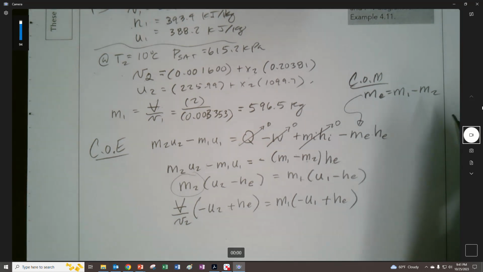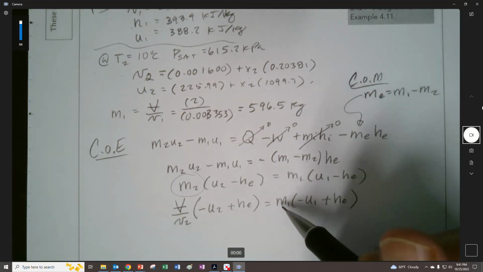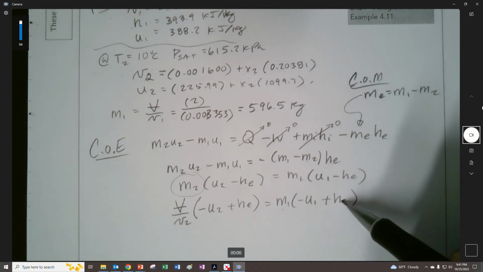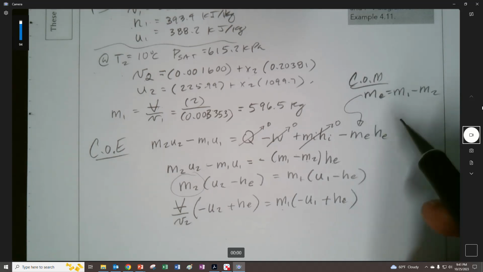And let's see. So we put in the value here. We have the value for this, and we have the value for this. How do we know we have the value for HE?